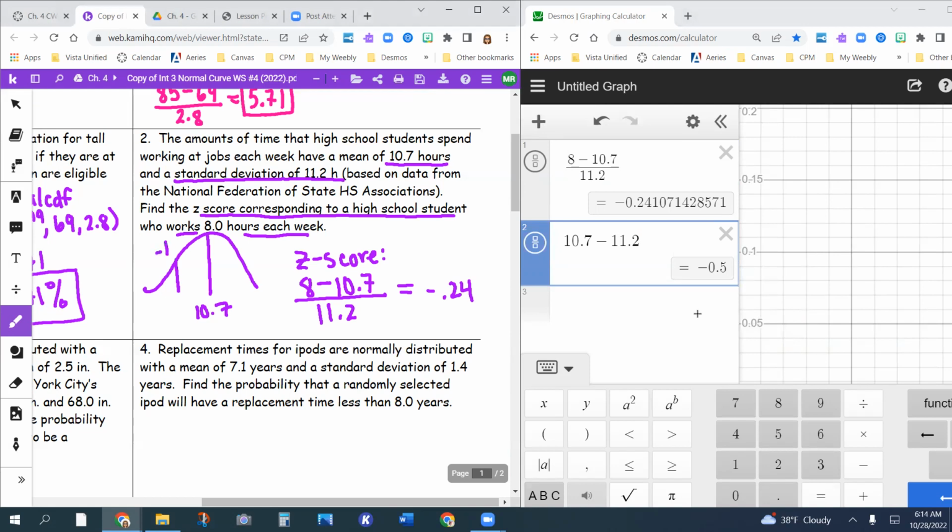That would have been one standard deviation. That would have been at a negative 0.5. And we're at 8.